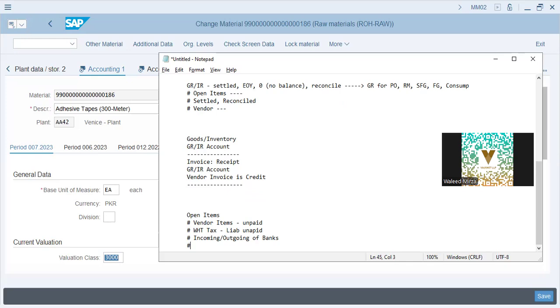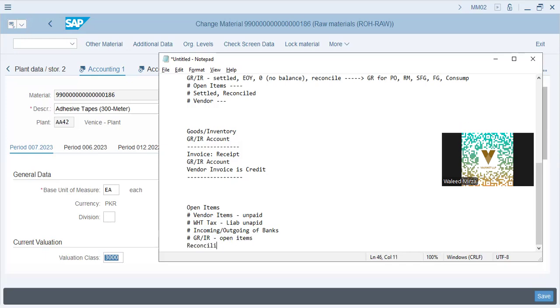Okay. Then customer items, also unpaid. And GRIR, of course. These are also open items because you have to run a reconciliation at the end of the day.